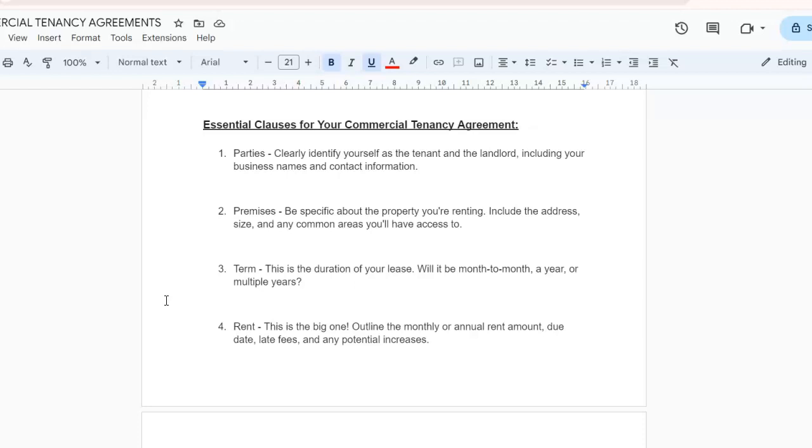You need to specify any late fees for missed rent payments and outline any grace period offered before the fees kick in. You also need to make room for rental increase.